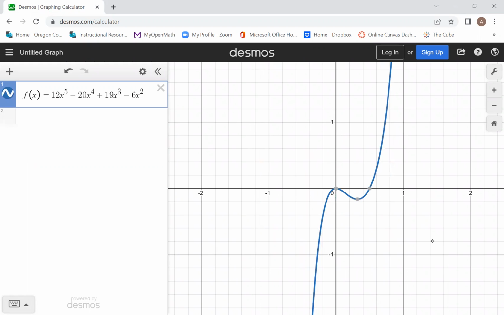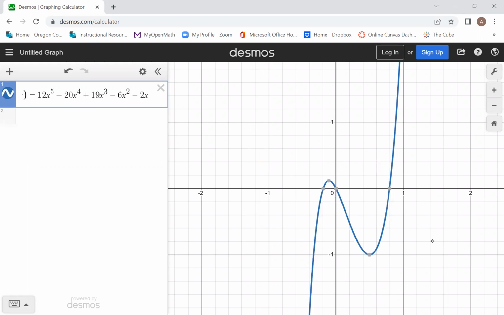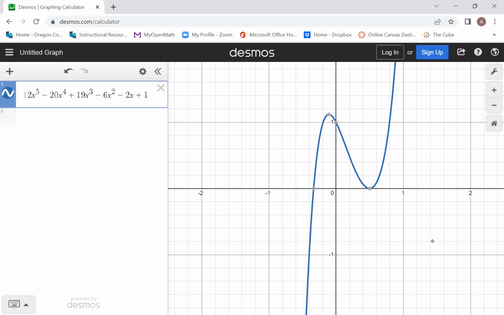It's quite a meaty polynomial. Minus 2x plus 1. Boom, there we go. All right. Wow. Okay. So to me, the best candidates look like 1/2. It does look like it's right between 0 and 1. And I could probably hover over here to verify that that's the case. Boom, yes. And the other one looks like maybe a third. Yeah, I think it is negative a third. Sorry. Okay, so we have a starting point.